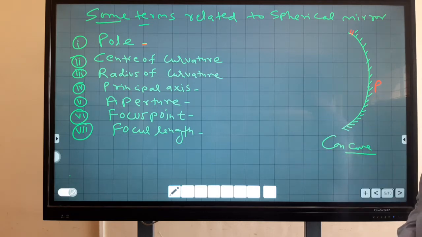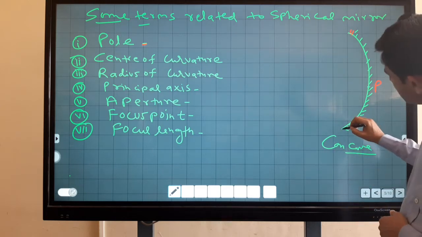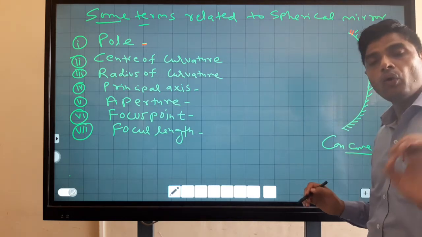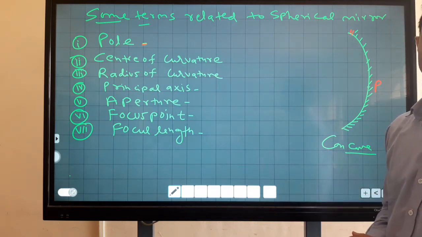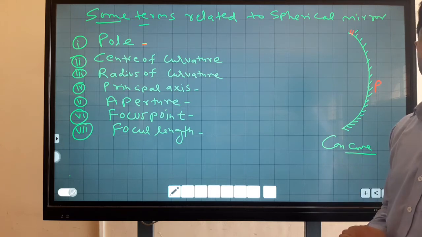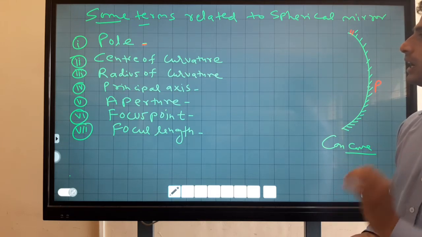Center of curvature. The center of the hollow sphere which is used in the formation of a spherical mirror is known as the center of curvature.